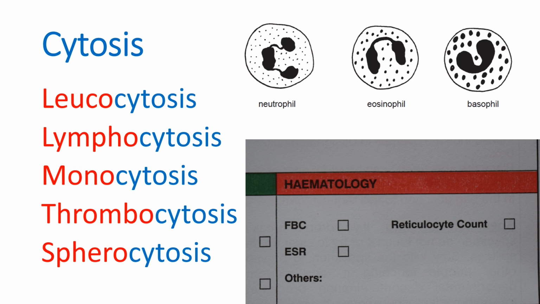But a lymphocytosis is specifically an increase in the number of lymphocytes. And lymphocytes can be increased in number in viral infections, for example. Monocytosis is an increase in the number of monocytes particularly, as may occur in chronic bacterial infections such as tuberculosis.